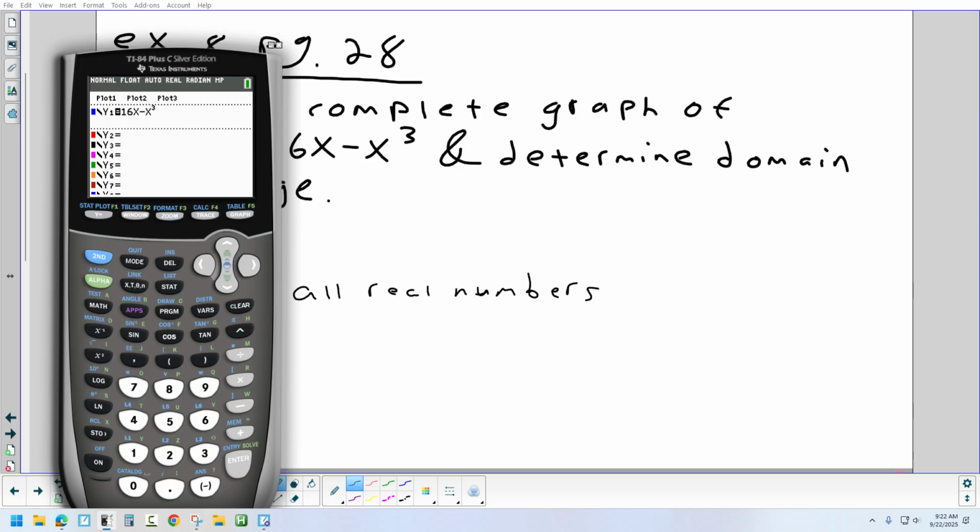If you had more to type and you keep typing right now, it's going to stay in the exponent. If you want to get out of the exponent, you can press the right arrow. And now what I type is not in the exponent. Okay. So now I have to go fix all that. Okay, so 16x minus x cubed, and let's try zoom 6.